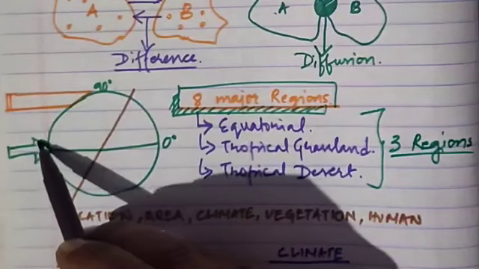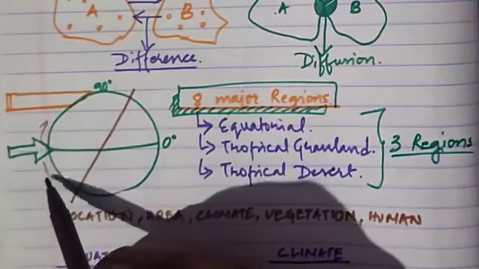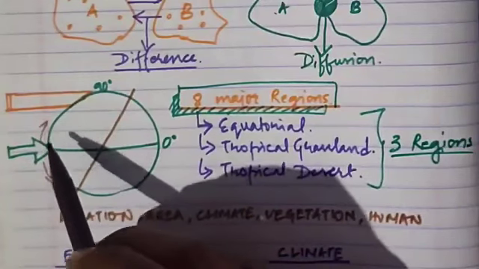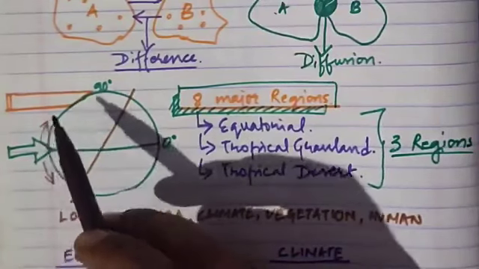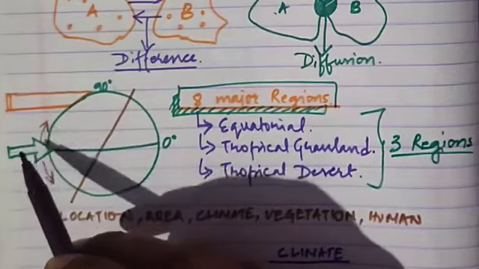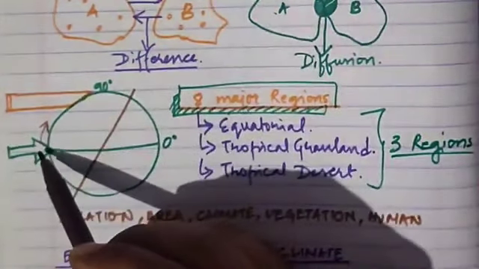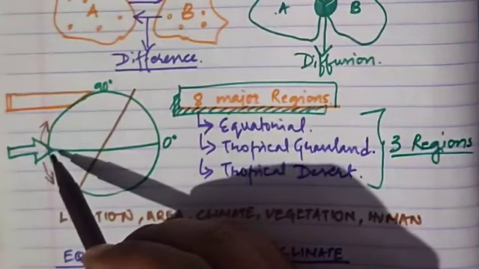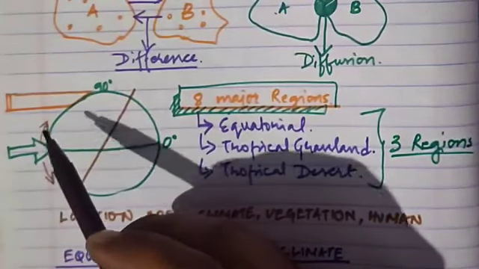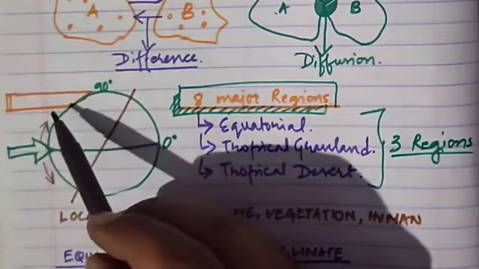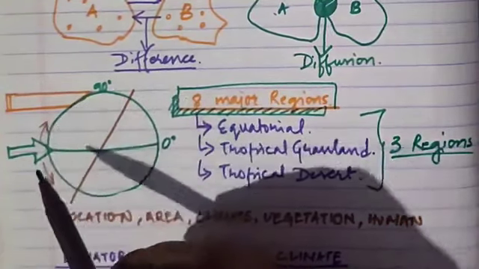When we move away from the equator towards the poles, the temperature will differ, isn't it? Because the direct rays falling on the equator give higher temperature, and as we move from the equator towards the poles, the rays become indirect or slanting. As a result, the temperature drops.